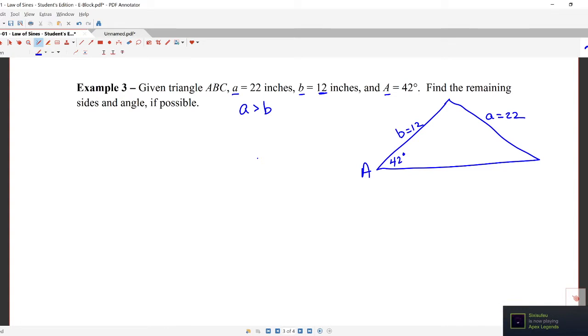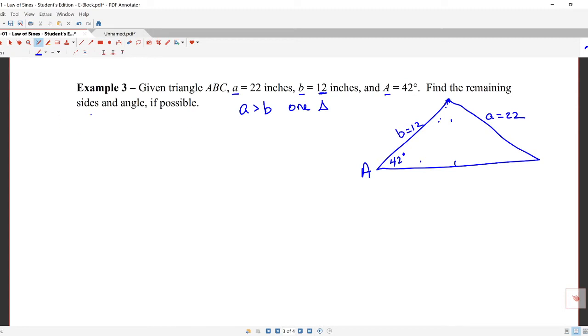I don't actually, in all honesty, remember saying that fourth case, but the idea here would be this, that we have our height, and all of those cases, whether they were 0, 1, or 2, all depended on A being less than B. But if A is greater than B, then there is no way for this side to come in here because it's 12 units or inches in this case from this point down to A. So the only way to do it would be for A to go out from the height and form a triangle this way here. So when A is greater than B, we have one triangle.